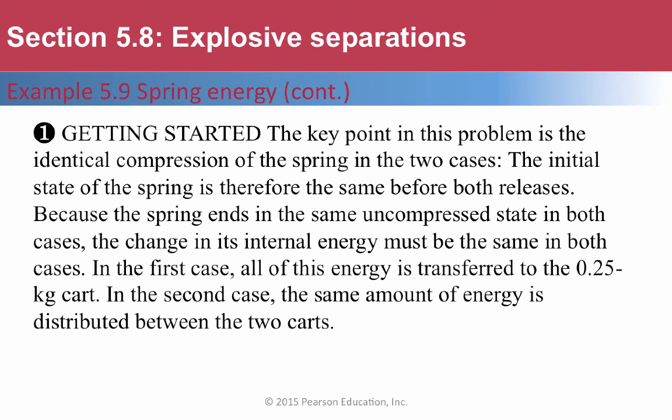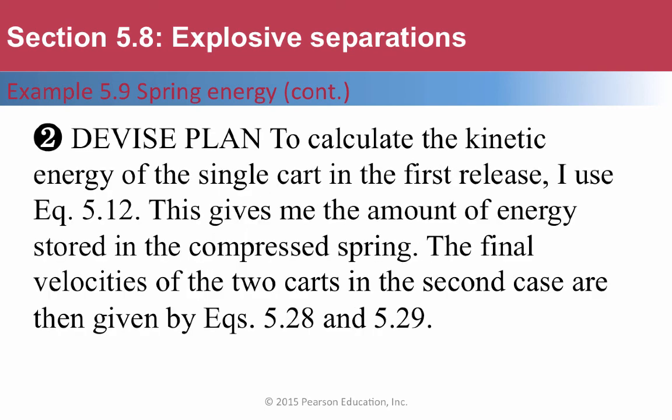Okay, so again, the key point is that the springs were compressed identically in both cases. And in the first case, all of the spring energy goes into the 0.25 kilogram cart, and then the same amount of energy is evenly distributed.